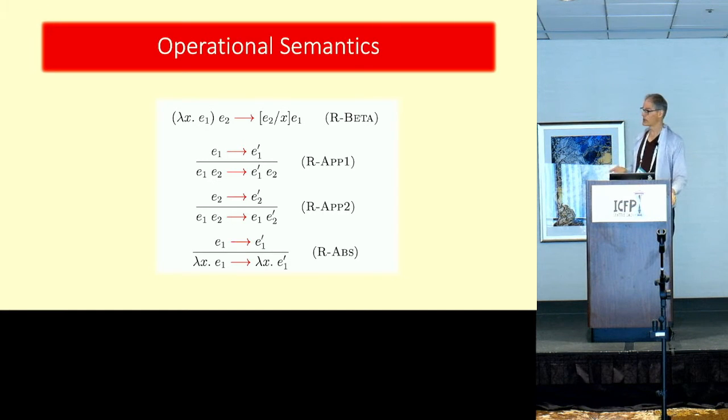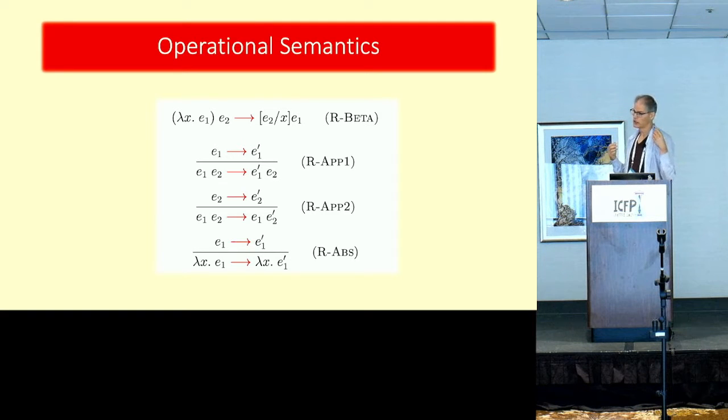So the operational semantics of the lambda calculus consists of the famous beta rule that says if you have a function sitting next to its argument, you can plop the argument in for the bound variable in the function, and that's a step of computation.